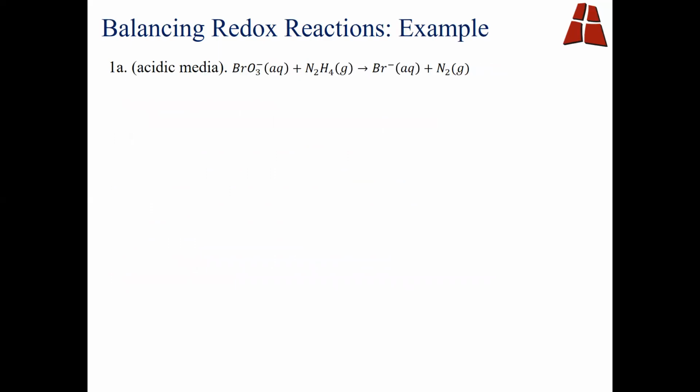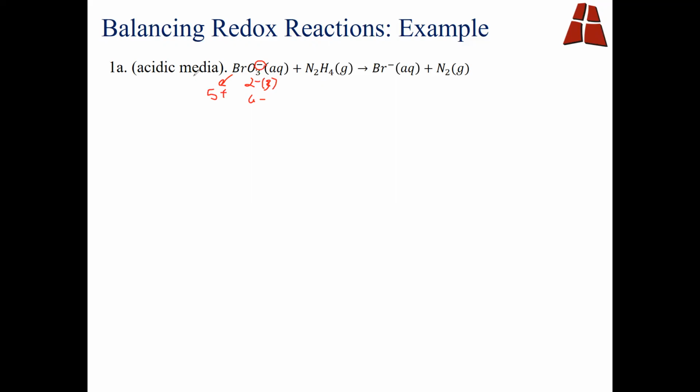So in our in-class worksheet for chapter 19, or chapter 17 rather, sorry, we can go through an example here. This is 1A, balancing this redox reaction in acidic media. If I start with the steps of defining oxidation states, following our rules, looking at our first molecule, BrO3-, we know that oxygen should always be 2-, and we have 3 of them, for a total charge of 6-, and our overall molecule charge is -1, so we know that the charge on bromine must be 5+.